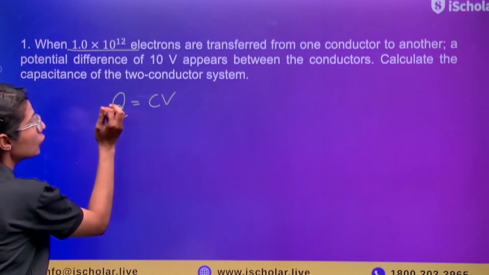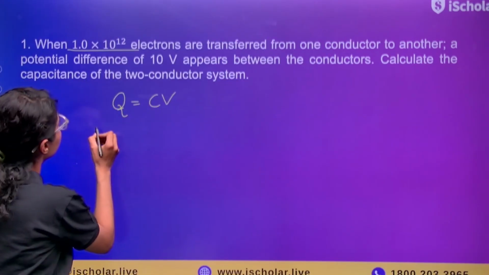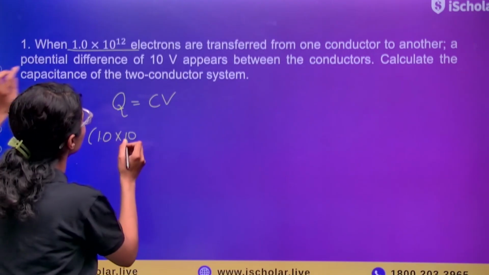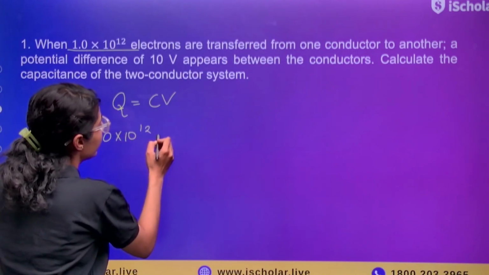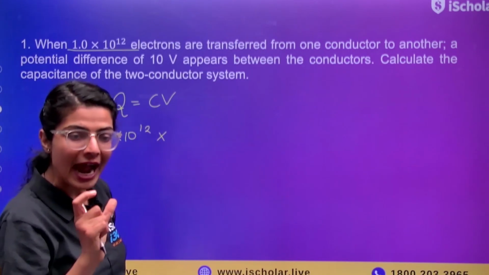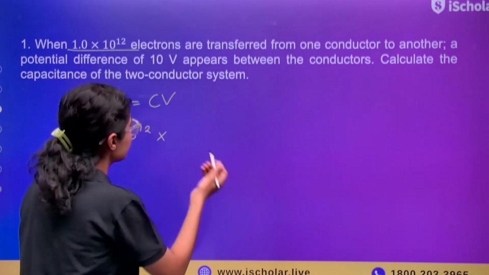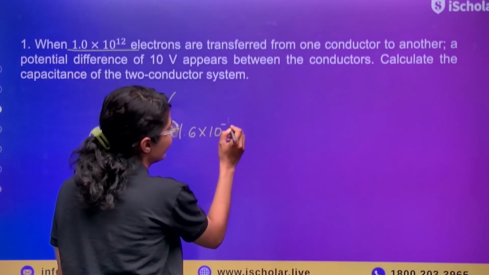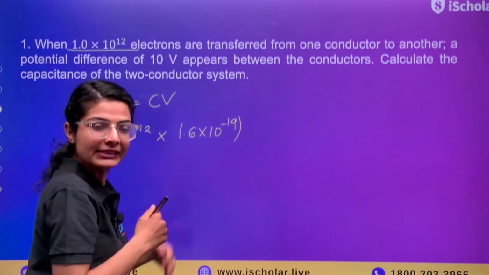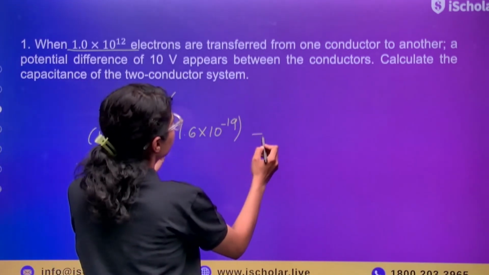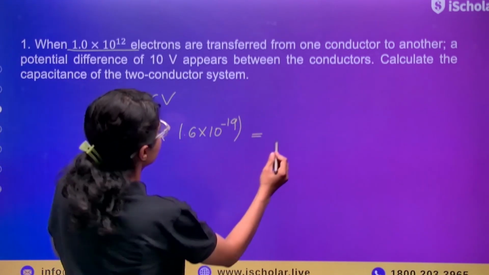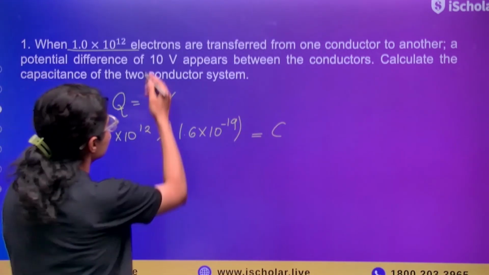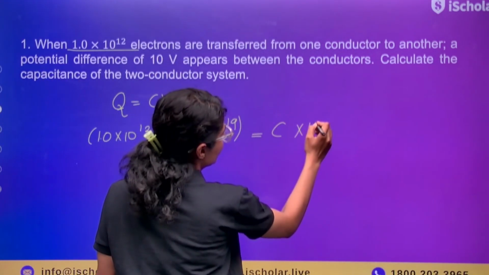The total charge will be the number of electrons, 1.0 into 10 to the power 12, into the charge on one electron, that is 1.6 into 10 to the power minus 19, is equal to C times V. The C value we need to calculate, and the voltage is given as 10 volt.